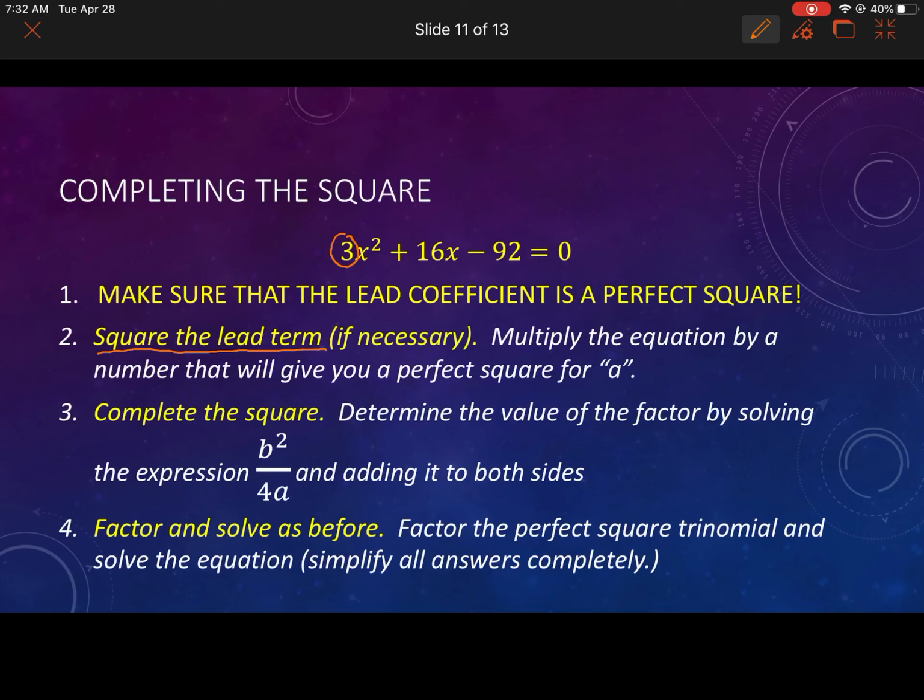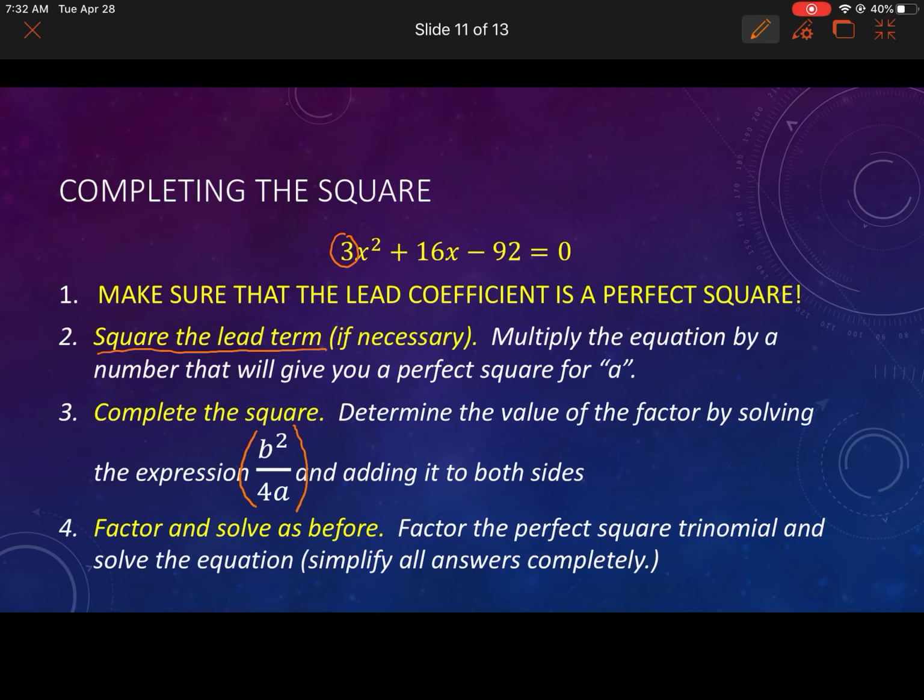But we have to remember that we're going to multiply the entire equation by that same number, because we have to make sure that we maintain that equality. And then the other change we're going to make is, instead of b over 2 squared, we're going to use this expression of b squared divided by 4 times a.